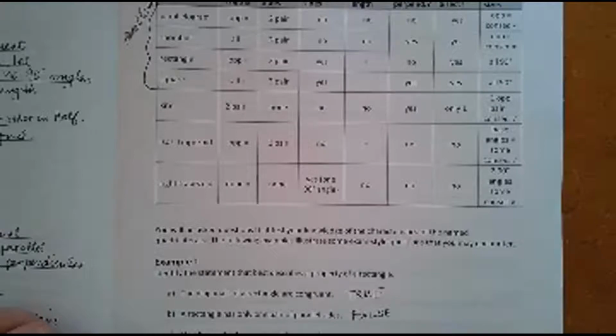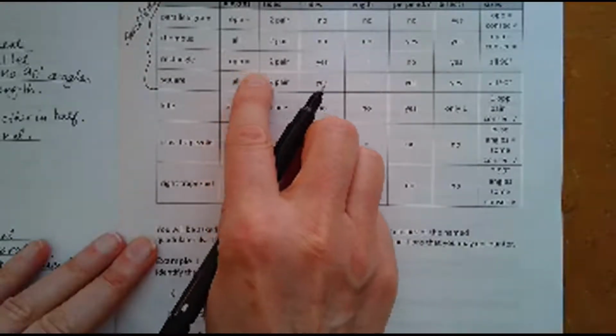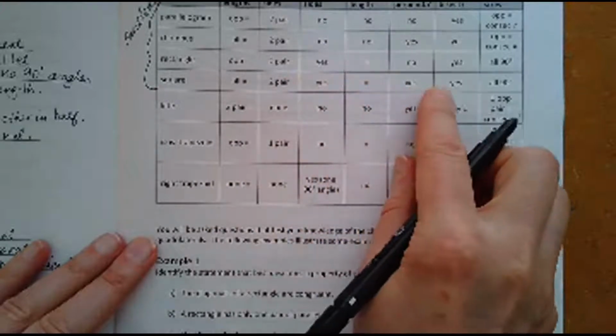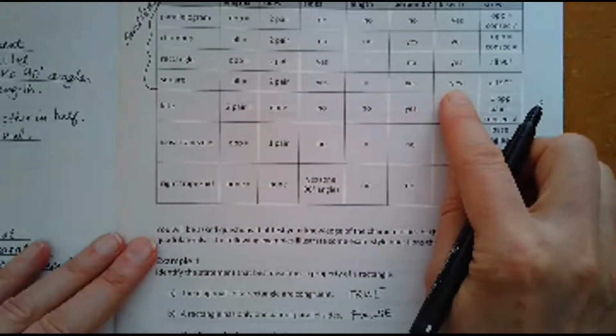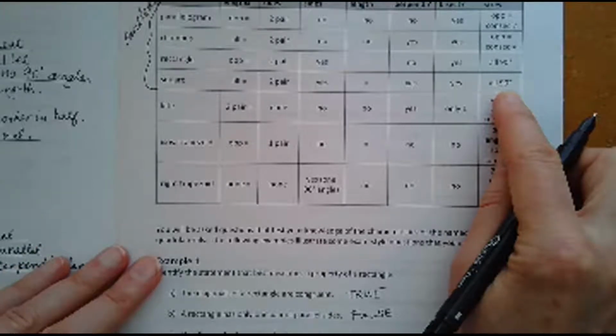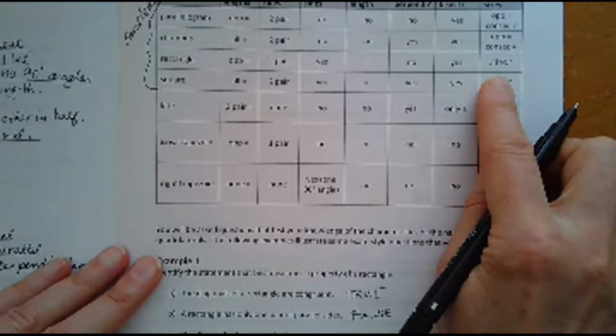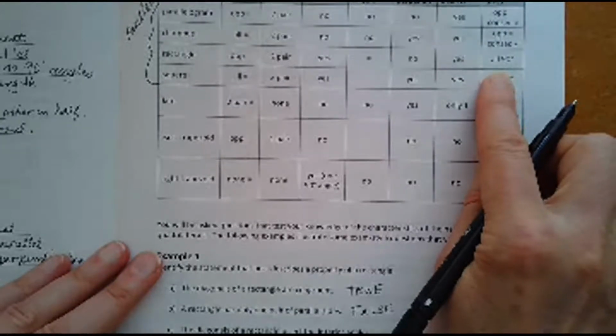The diagonals of a rectangle bisect the interior angles. Rectangle, the diagonals bisect each other. The diagonals of a rectangle meet at right angles. Let's go back to the rectangle because I don't think all the info's here.